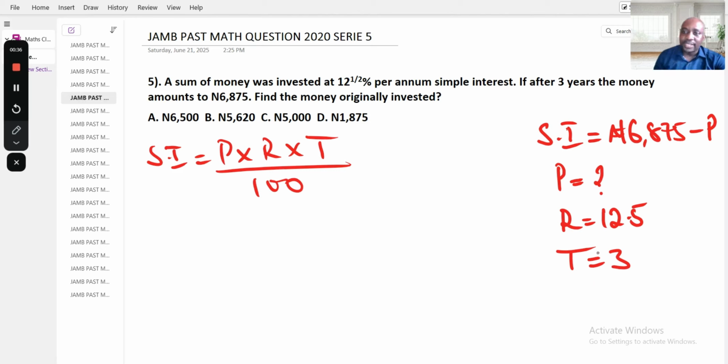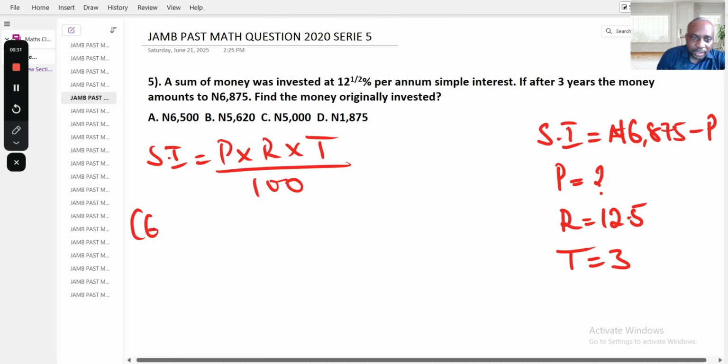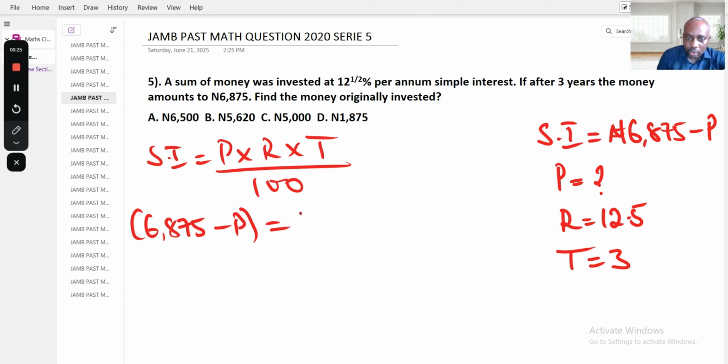Now let's apply this to the formula. What is our simple interest? 6,875 minus P equals, what is our P? We don't know. What is our rate? Our rate is 12.5. What is our time? 3, divided by 100.